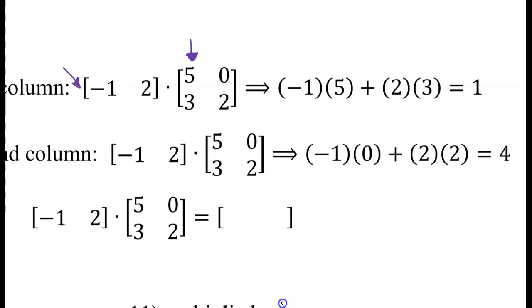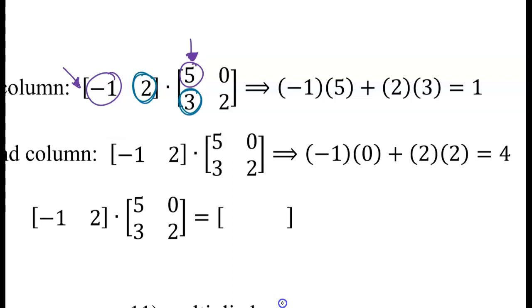Multiply the first entry in the first row times the first entry in the first column, -1 times 5. And add it to the second entry in the first row times the second entry in the first column, 2 times 3.